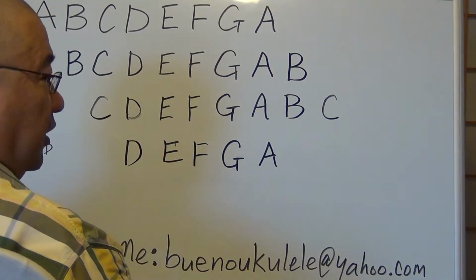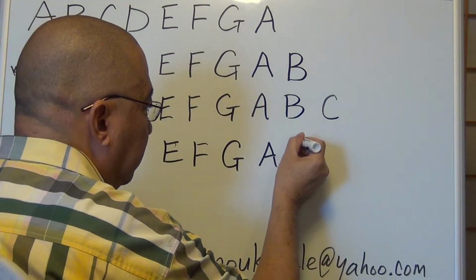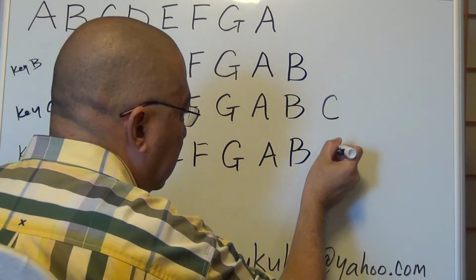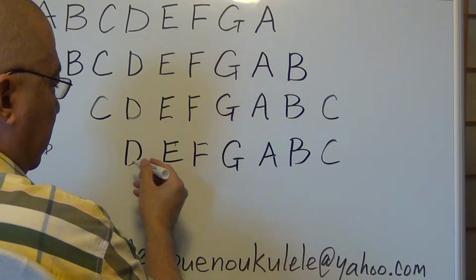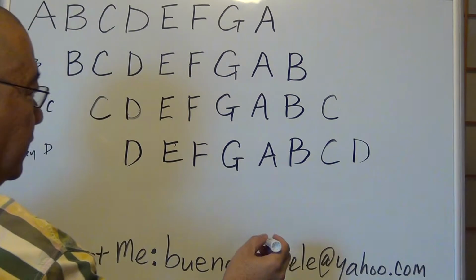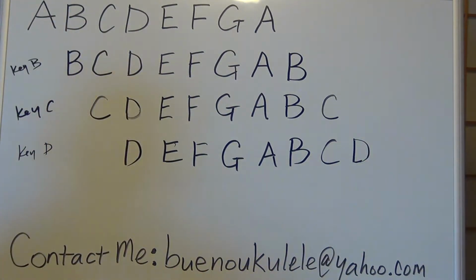Then after we continue our alphabetical system, we got A, then we got B, after B comes C. What comes after C? Well, it's what we started with. It's D. Okay? So that's the key of D.